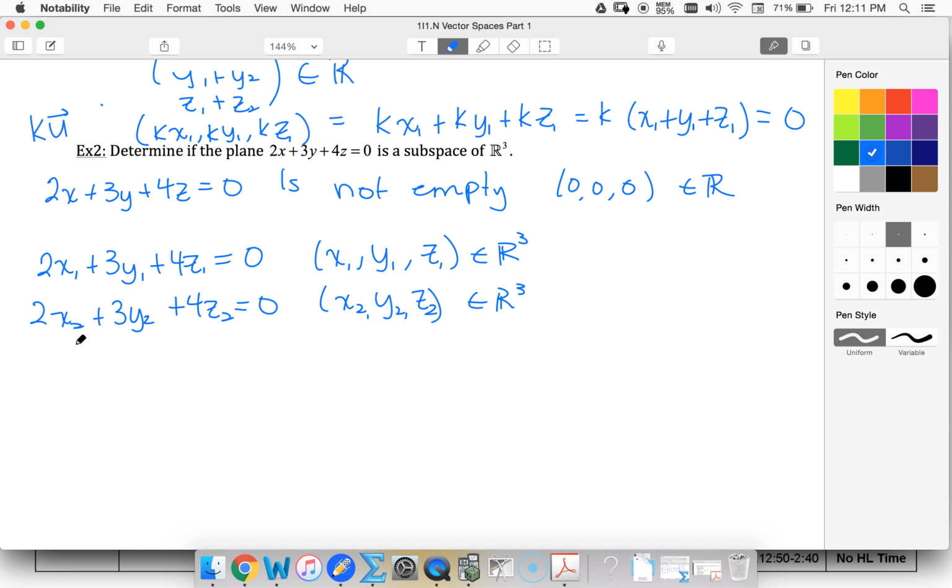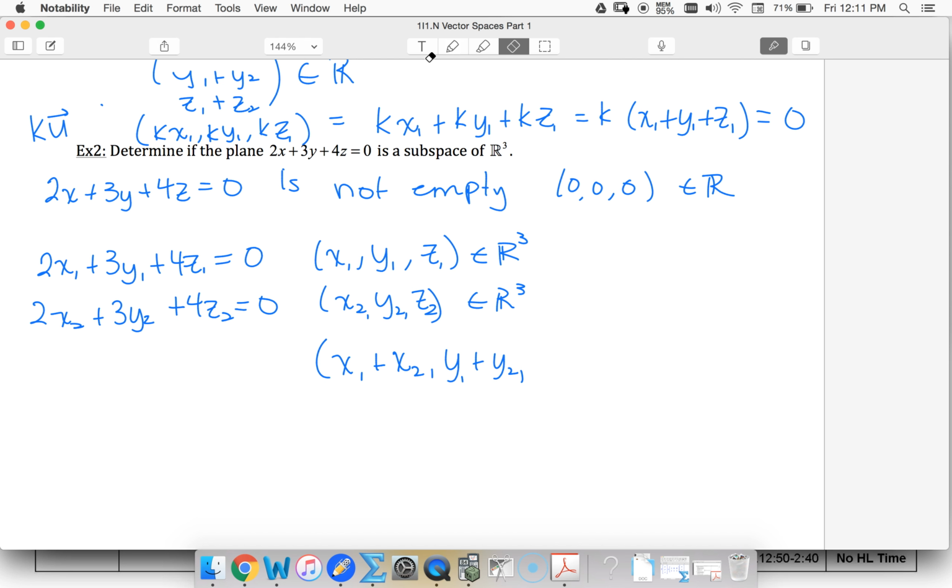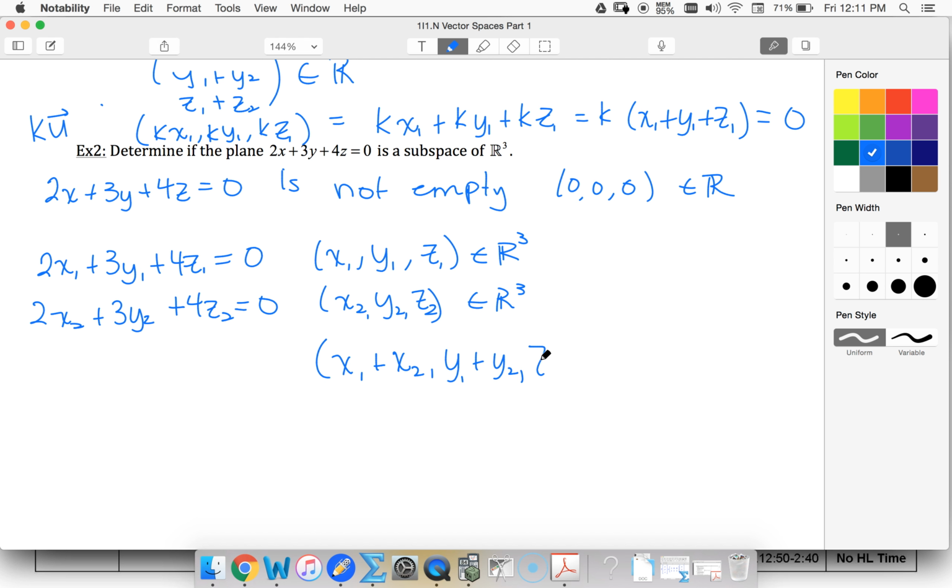All right, that's going to be true. And then if we added these together, it's also going to make 0. It's like I'm adding 0 plus 0. And we've got another point, (x1 plus x2, y1 plus y2, z1 plus z2), and that's also an element of R3, and it satisfies our initial condition, so we're closed under addition. Similarly, we could show, as we did above, that we're closed under multiplication.